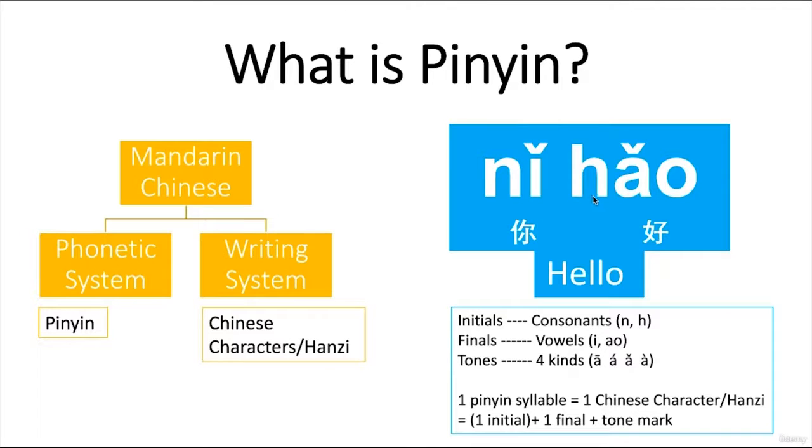Same in Hao, the initial is H, the final is AO, and there's the third tone mark. So one pinyin syllable has one initial, one final, and one tone mark.